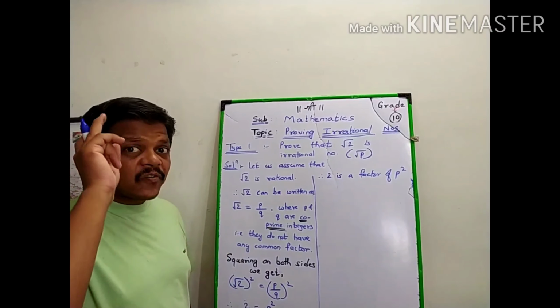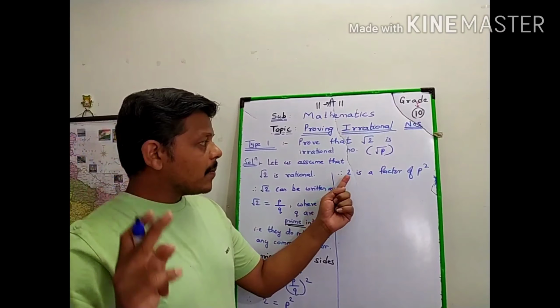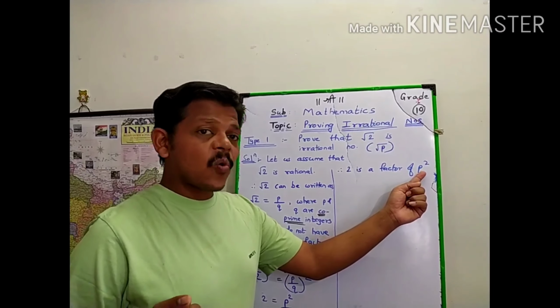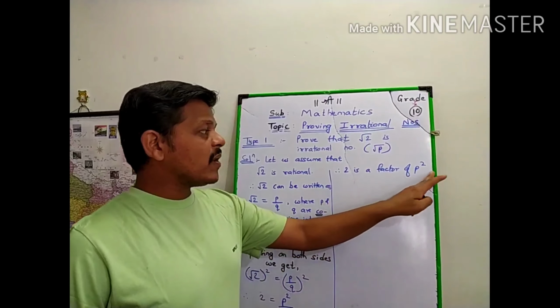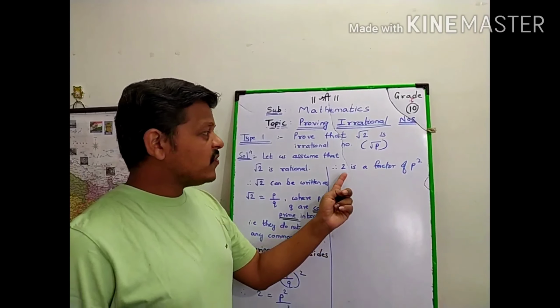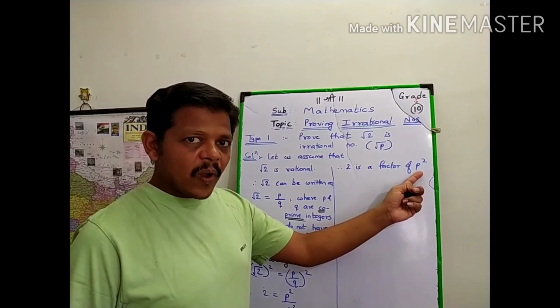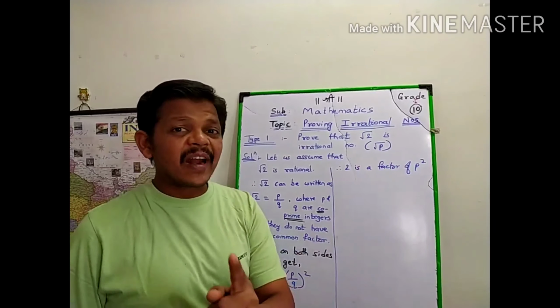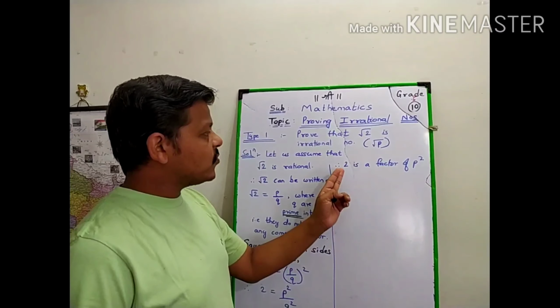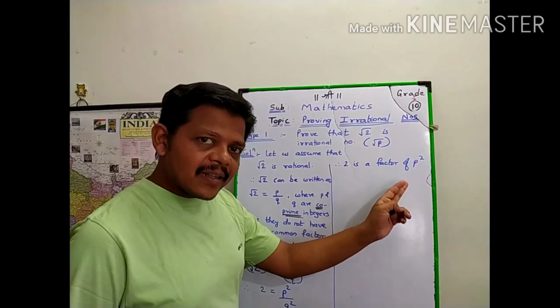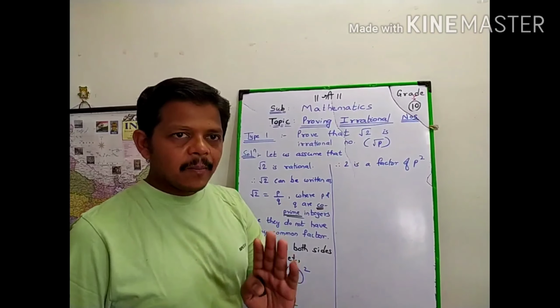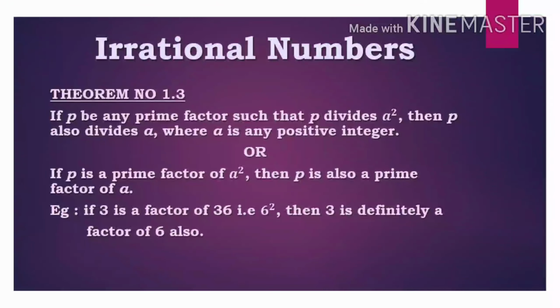Very important, our first theorem: if p is a factor of a square, p is going to be a factor of a. So if 2 is a factor of p square, 2 will also be a factor of p. Because if 2 is a factor of p, then and only then 2 can be a factor of p square. So 2 has become a factor of p.